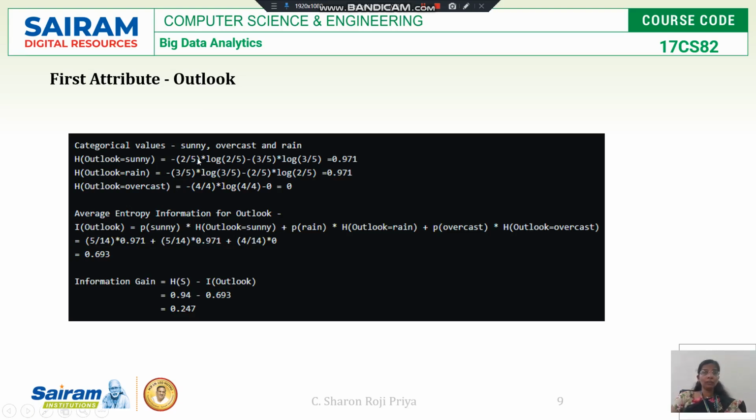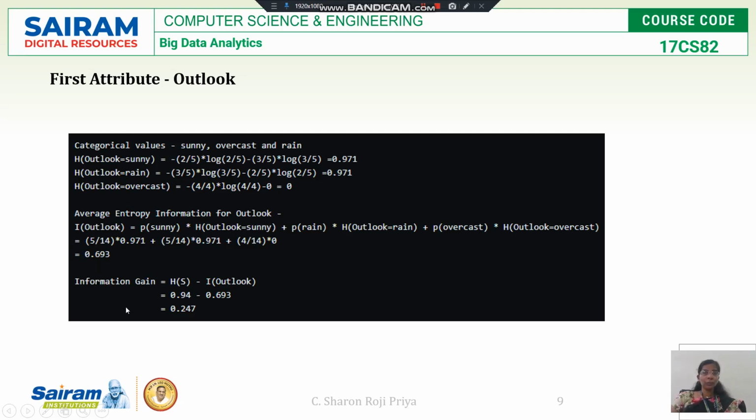So here we have 3 categorical values. You make a summation. Plus next 5 by 14 into 0.971 plus, check the denominator, 4 by 14 into 0. Calculate the average entropy information for the attribute outlook. You will get 0.693.